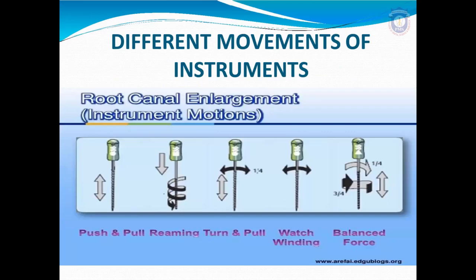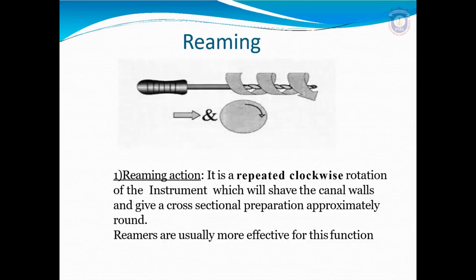The different movements of endodontic instruments include push and pull motion, reaming, turn and pull motion, watch winding motion, and balanced force technique. Reaming action is a repeated clockwise rotation of the instrument, which will shave the canal walls and give a cross-section preparation approximately round.